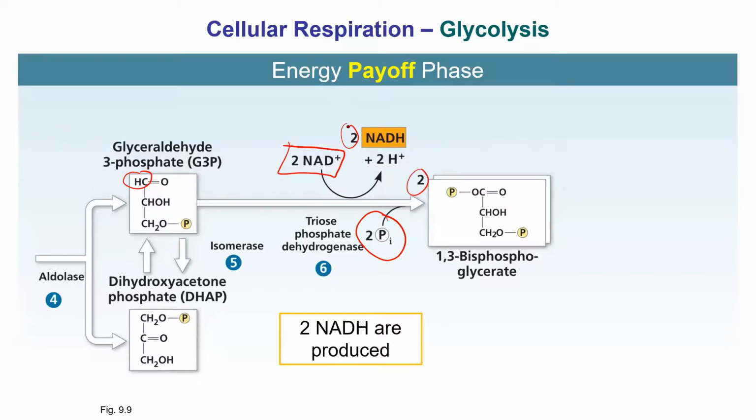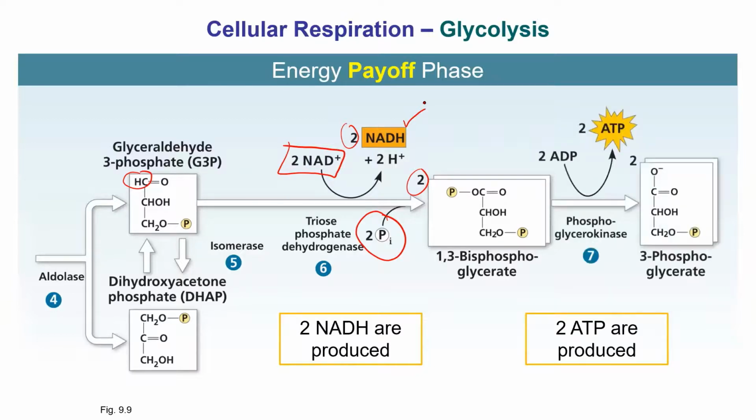So now we have this funny little compound here, this biphosphate glycerate, and we've made a little bit of NADH, which is good. We're going to break this down a bit more, and now we're actually going to make some ATP. So this is great.